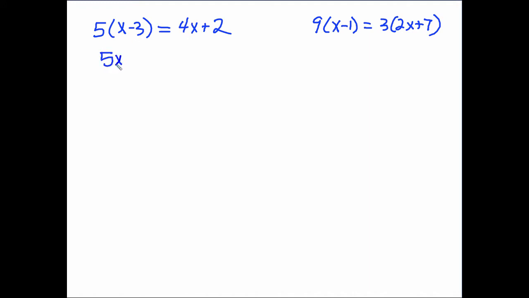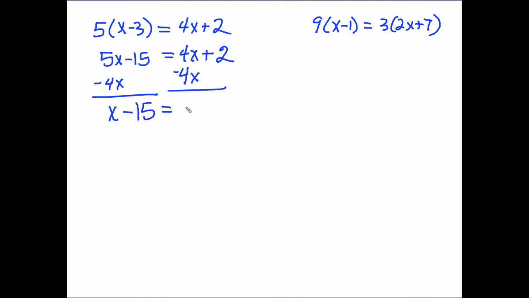So this is 5x minus 15 equals 4x plus 2. And our choice is going to be to subtract 4x from each side. We're left with x minus 15 equals 2. We can add 15 to each side, and we'll get x equals 17.